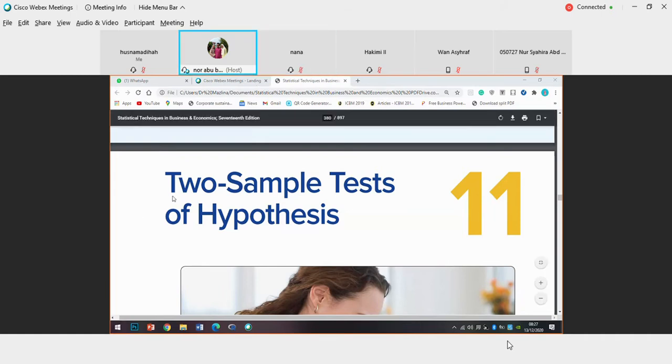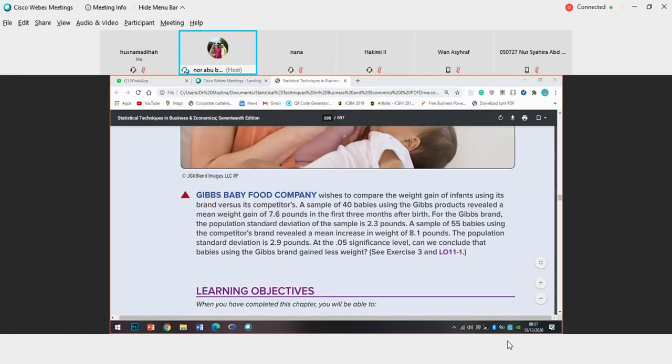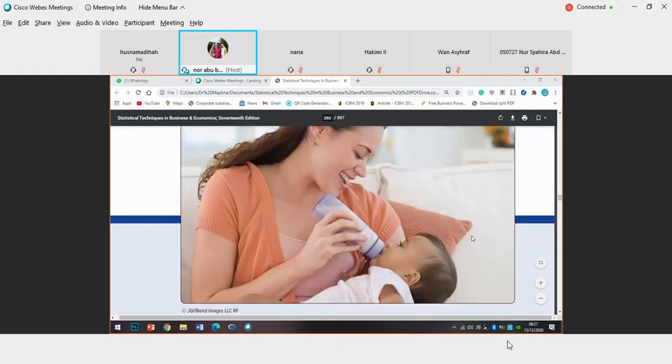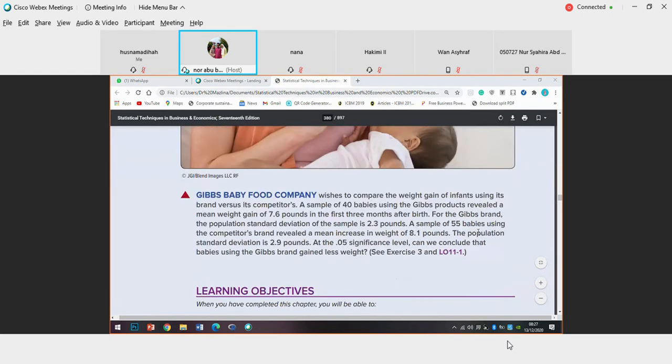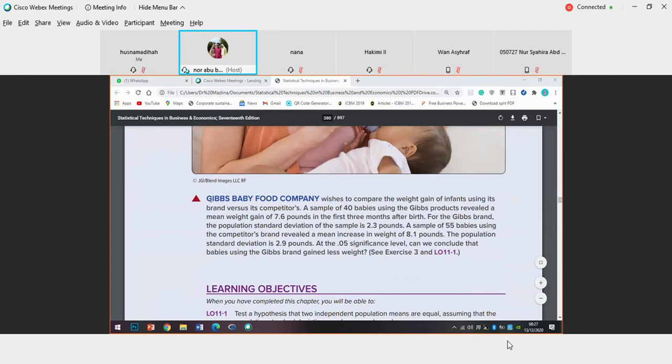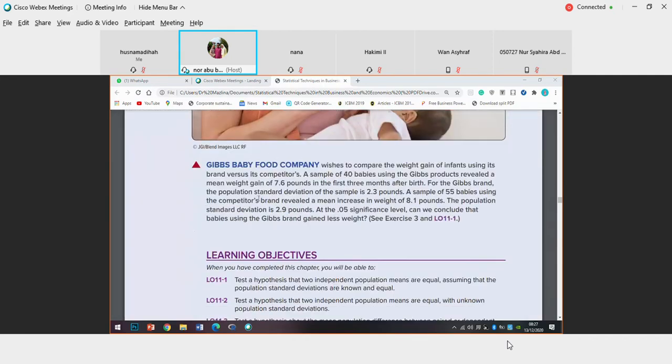Okay, so let's proceed to two sample test of hypothesis. Cuba tengok gambar mak dengan anak kan. Okay, what it is all about. At the beginning of the chapter, the chapter gives one example on two sample tests of hypothesis.